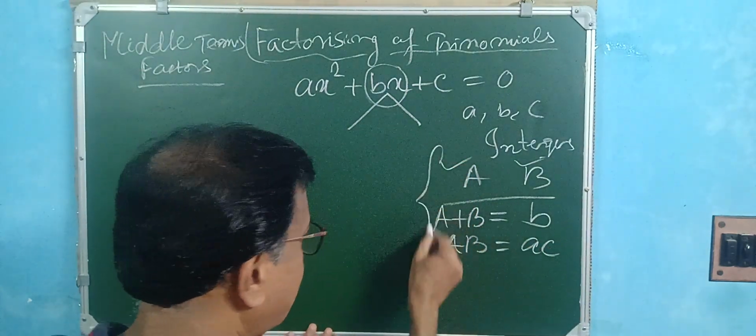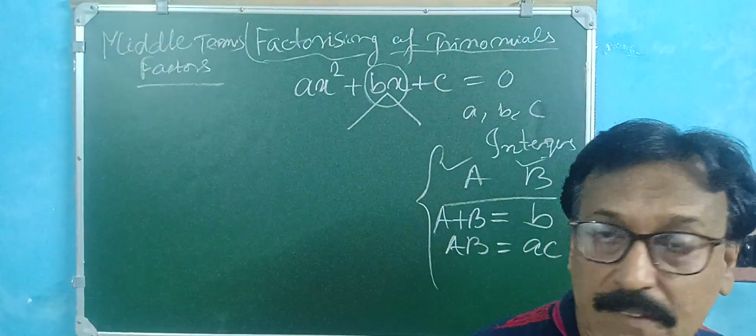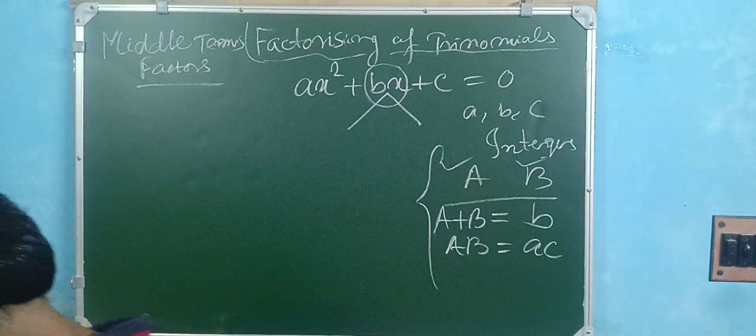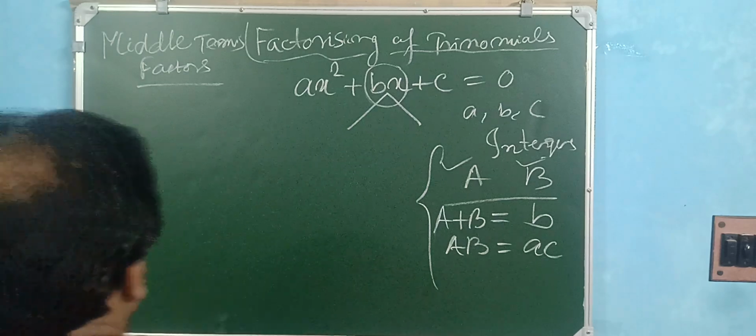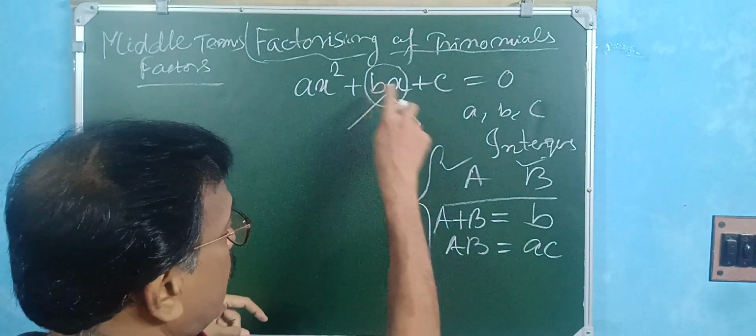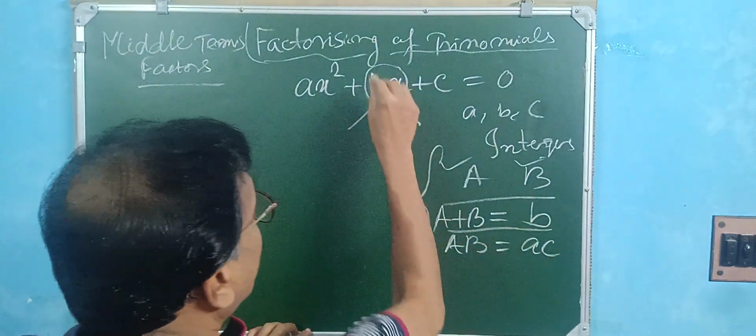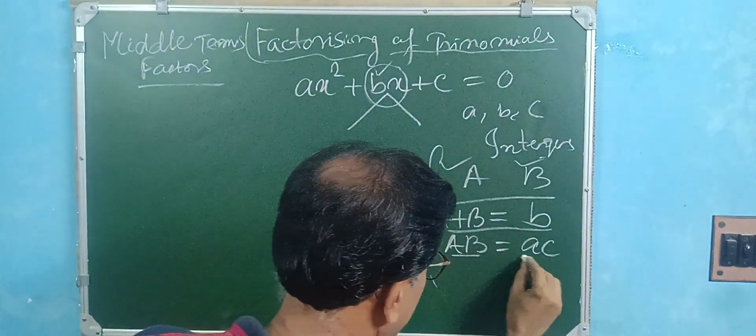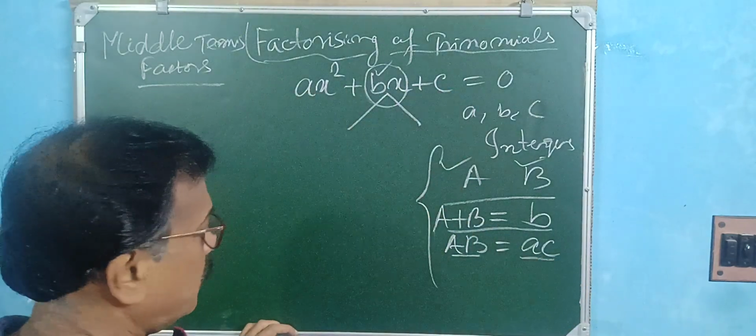This is the main rule, the middle term factors. So a plus b has the value b, and a into b has the value a into c.